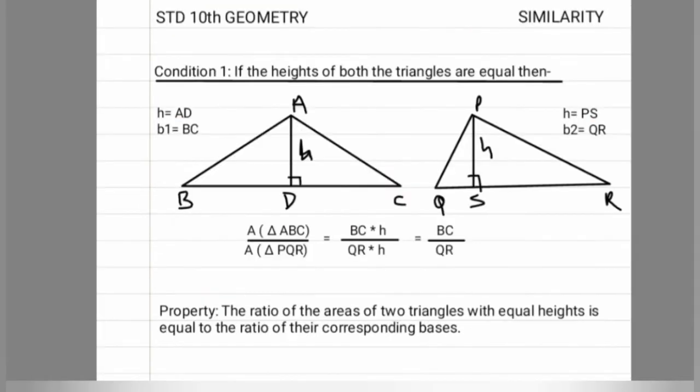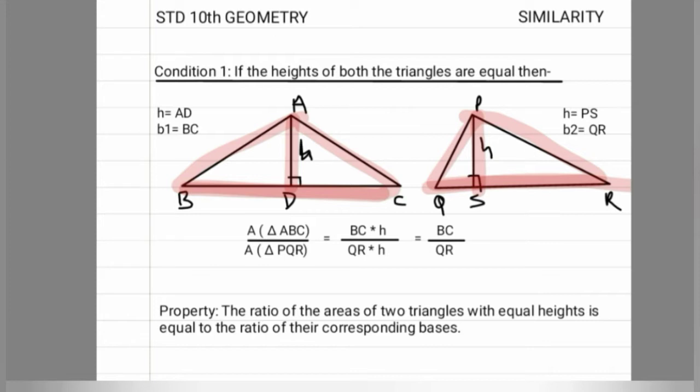First condition is if the heights of both the triangles are the same. We have considered here two triangles, triangle ABC with BC as the base and AD as the height, and triangle PQR with QR as the base and PS as the height. Both the triangles have the same height, that is h.